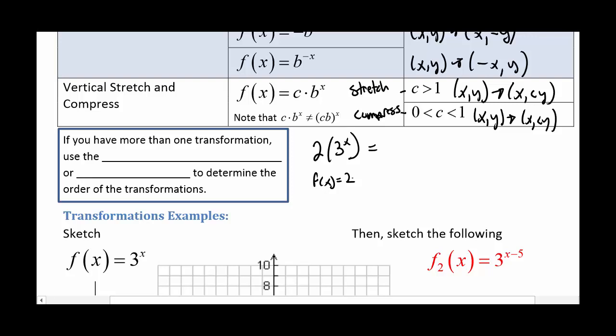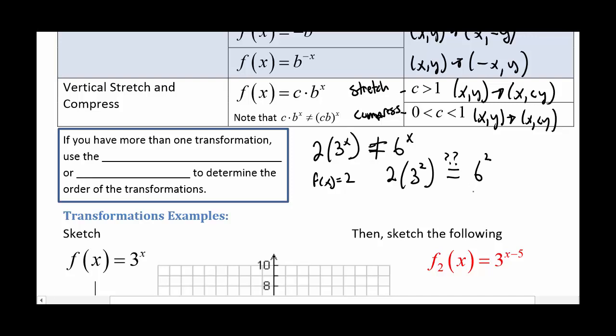Okay, I have a lot of students that will do this. They will multiply the 2 and the 3, and they'll say, oh, it's 6 to the x. Now, let me show you what happens if we evaluate this using order of operations.